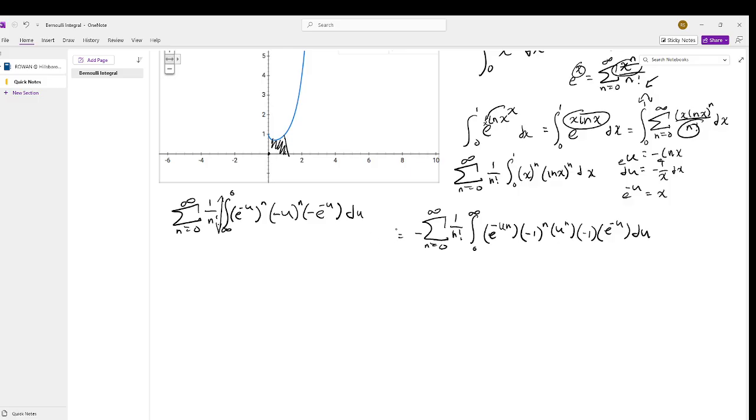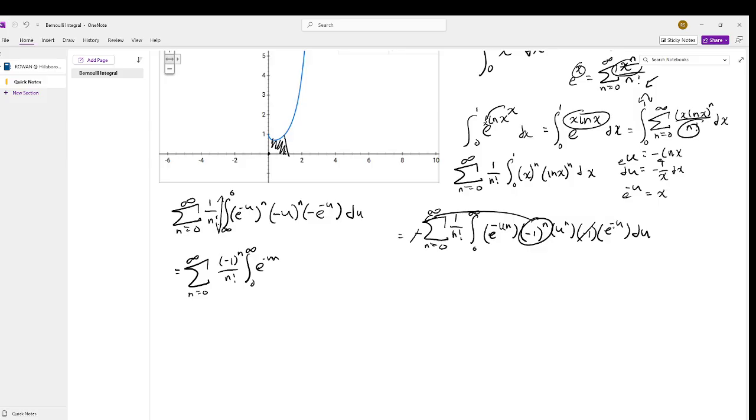So now there's a few things we can do. We can cancel these negatives here. We can bring this out to the front because it doesn't relate to u. So let's do that. This is equal to the summation from 0 to infinity of negative 1 to the n over n factorial times the integral from 0 to infinity of e to the negative un.